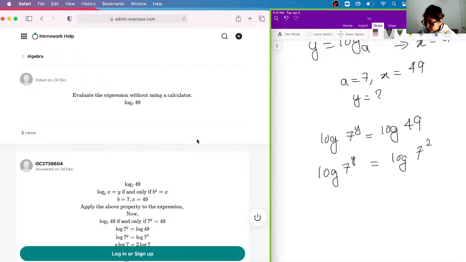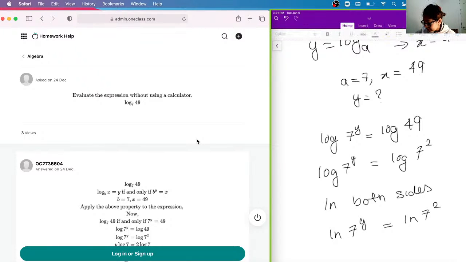Then we can take ln of both sides, which is a natural logarithm. So we have ln of 7^y equals ln of 7^2.